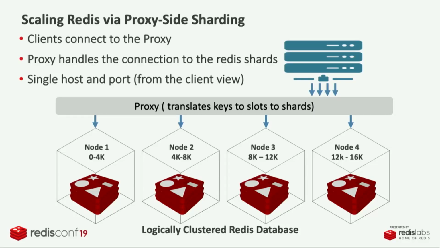Okay? The one thing, though, is that you could immediately see the proxy could introduce additional latency. So depending on the type of deployment that you have, if you have a proxy as a whole separate layer, a whole separate server, then you're introducing client to server and then proxy server to the underlying shard.